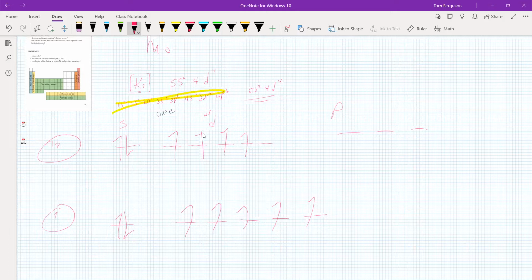The bottom. Why do you think it is? All the spots are full. All the spots are full, nice and symmetrical. This one is not totally full, so it's going to be a little lopsided. Nature likes nice symmetry. Does that make sense?